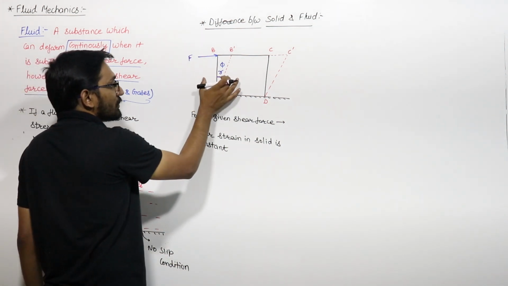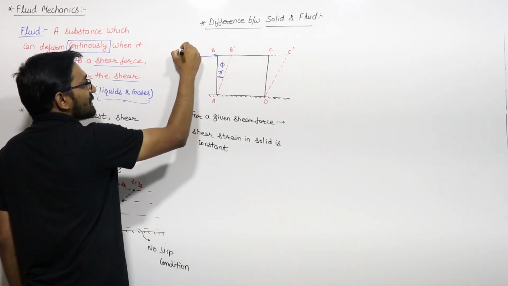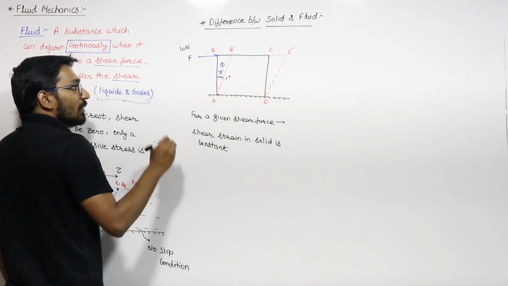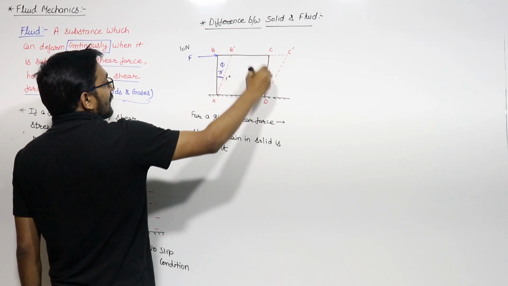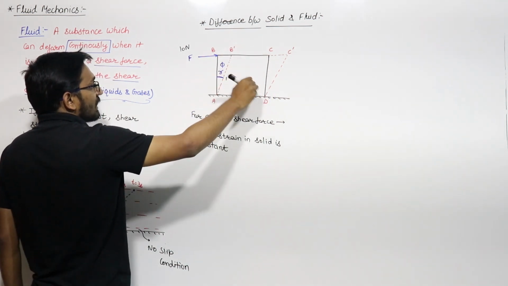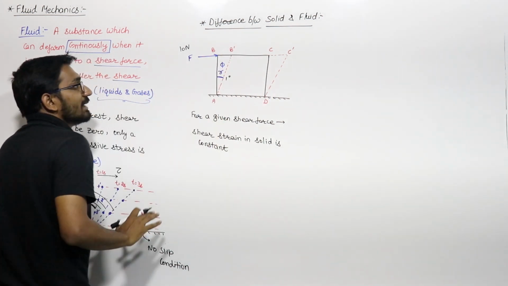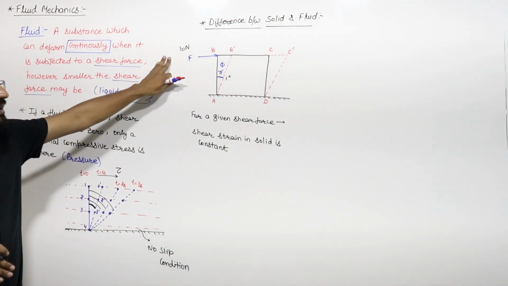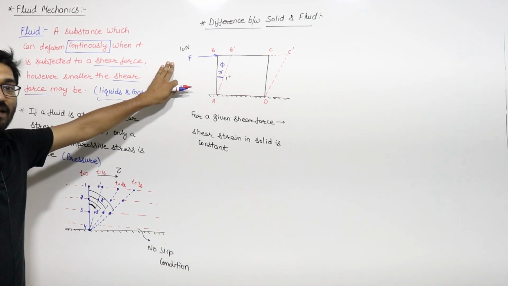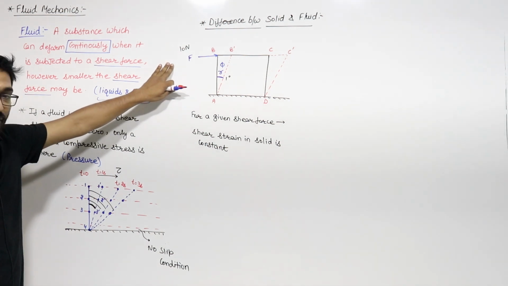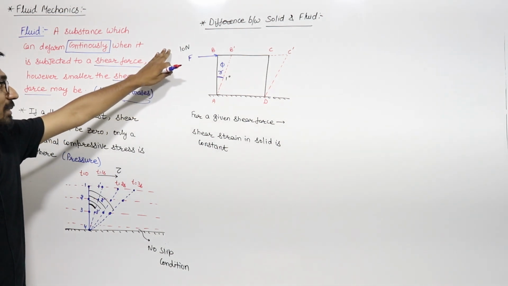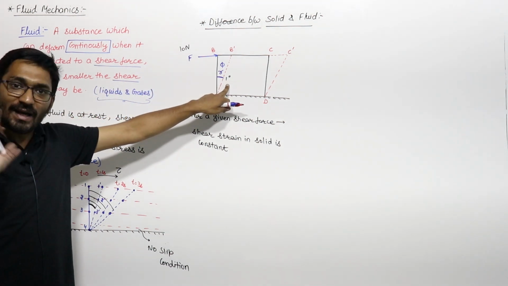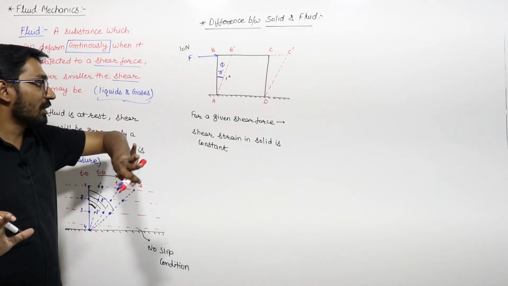For a given force, this angle is constant. Let us say for a 10 Newton force this angle is 1 degree. So this solid object will deform by 1 degree under the action of 10 Newton force. You can apply this 10 Newton force for any length of time, let us say 1 hour, and the angle will be 1 degree only. Angle will not change, it will be constant.